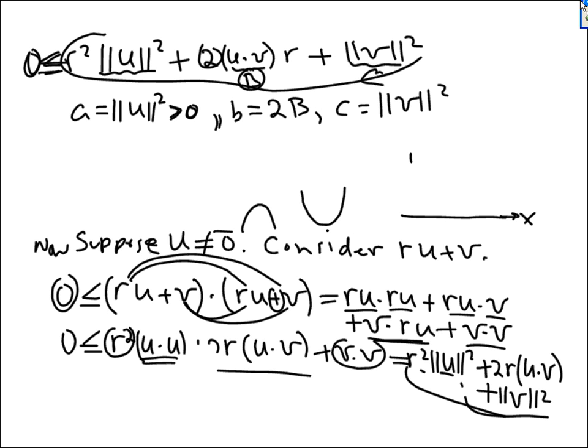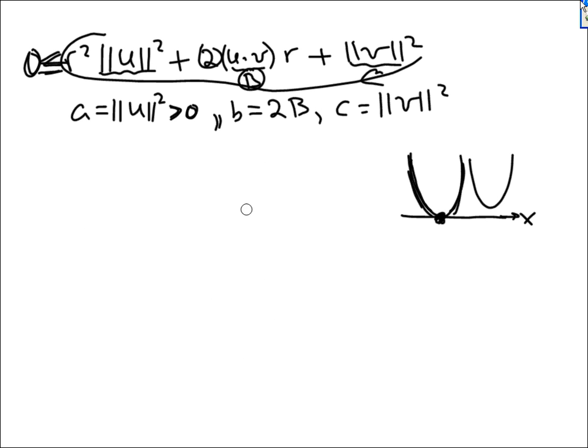It could come down and touch the x-axis in one place and one place only, so it's positive here and here, and it's 0 right there. So it's either positive or 0, or it's always positive. It's one or the other. Okay, so we're going to look at each case separately.